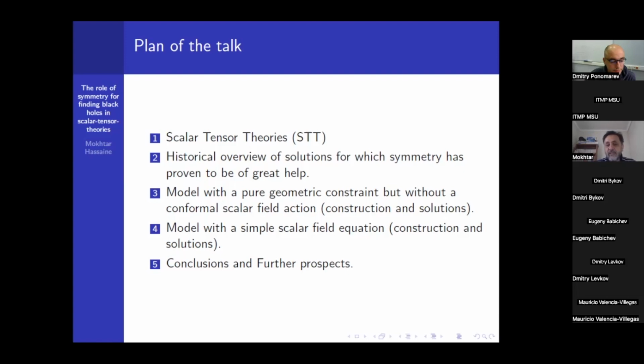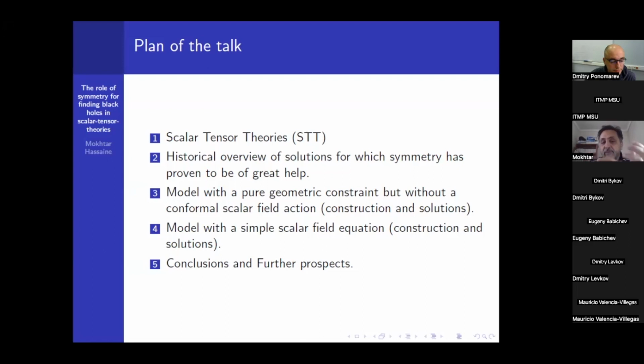In the third part, I will present a model that has the advantage of having the field equation imply a certain geometric constraint, but the scalar field action is not conformally invariant. I will explain the construction of this model, and I will also present the solution. In the fourth part, I will present a model that belongs also to this Horndeski theory that has a very simple scalar field equation.